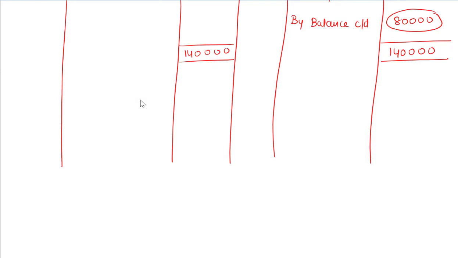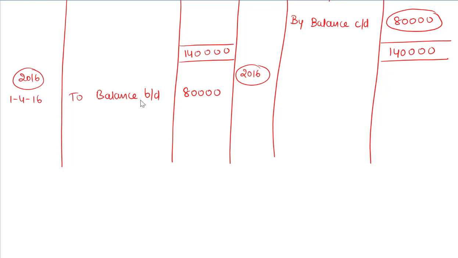Let's account for 2016. 1st of April 2016, to balance brought down 80,000. 31st of March 2017, by depreciation, that is 40,000. This we have already calculated.